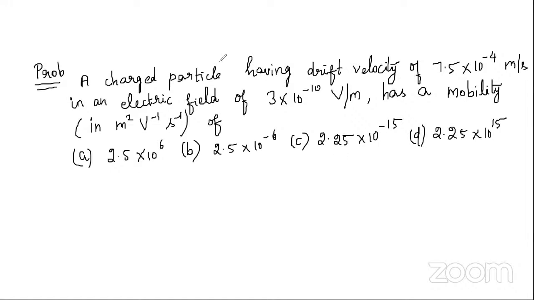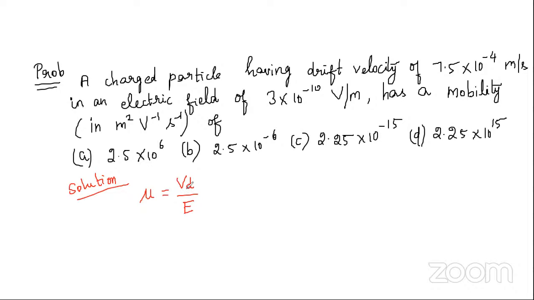So how are we going to solve this problem? The mobility you need to find out, so we need to know the mobility formula. Mobility is represented by mu, equal to drift velocity divided by electric field.